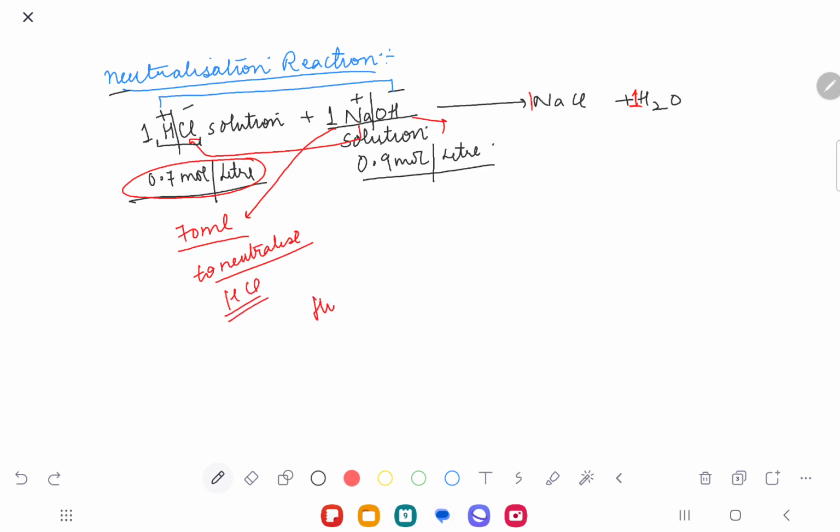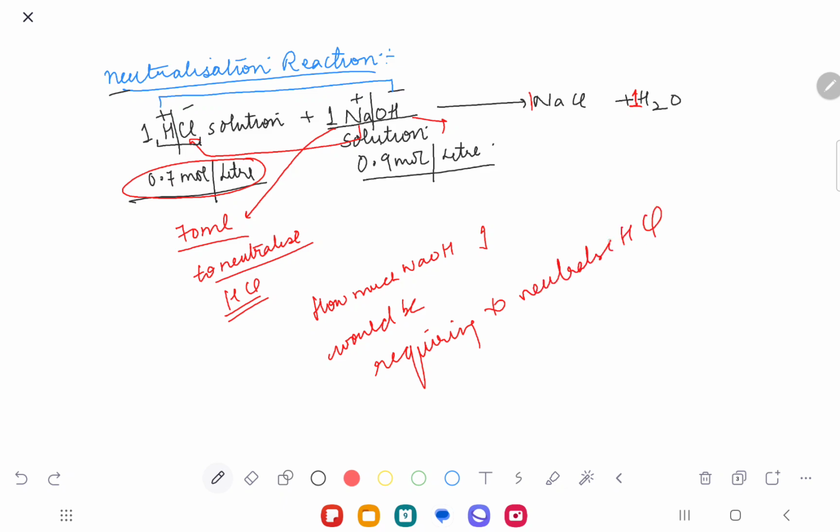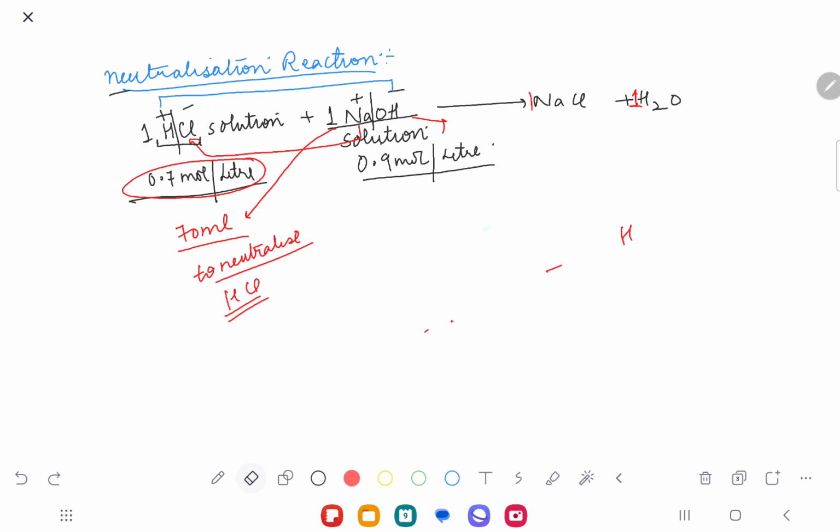What am I finding? How much NaOH I would be requiring to neutralize HCl. Are you understanding? So just have a look here.